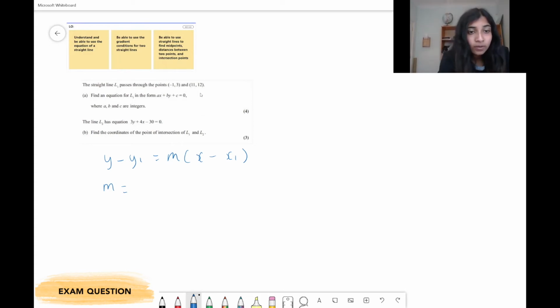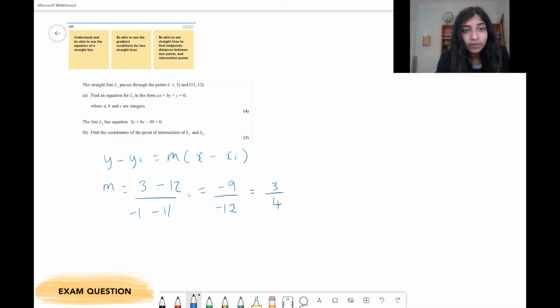So we'd have 3 minus 12, where 3 is y1 and 12 is y2, over -1 minus 11, where -1 is x1 and 11 is x2. That's just equal to 3 minus 12, which is -9, over -1 minus 11, which is -12. If we simplify this, we just get 3 over 4. So that's m.